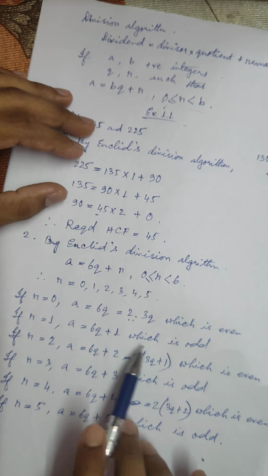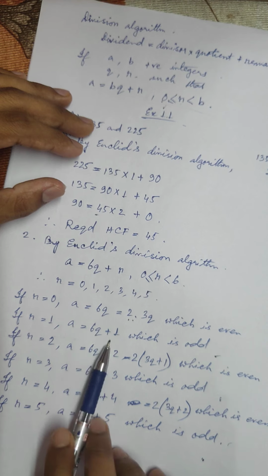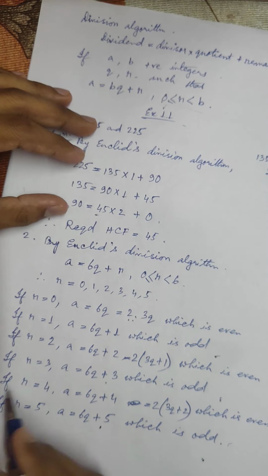Now see, positive odd integers are there. This one is odd, this one is odd. Now see, odd is 6 plus 1, 6 plus 3 and 6 plus 5.